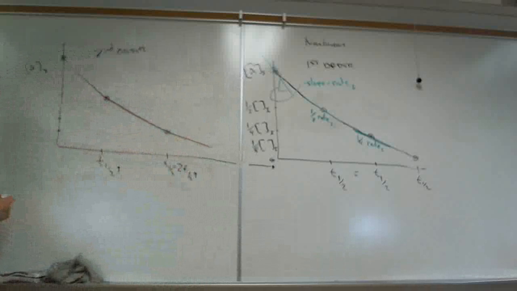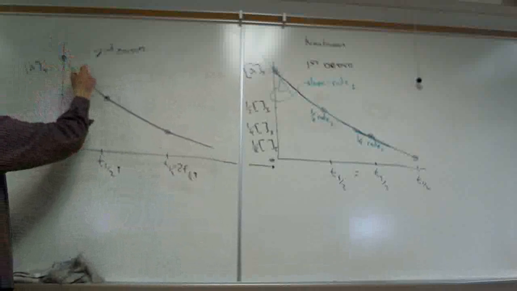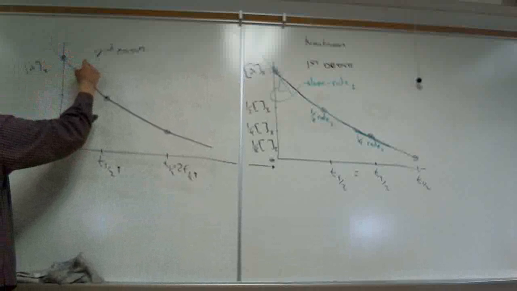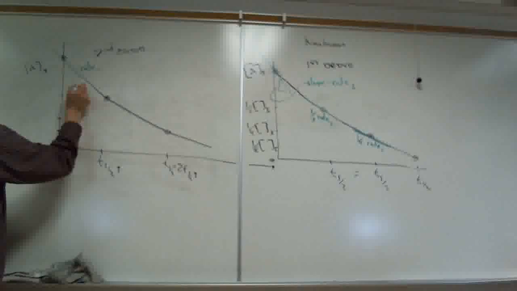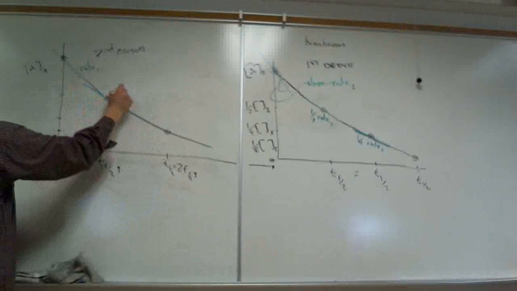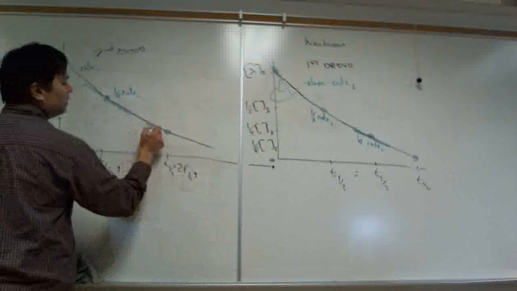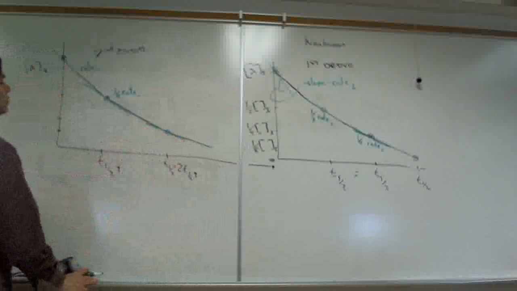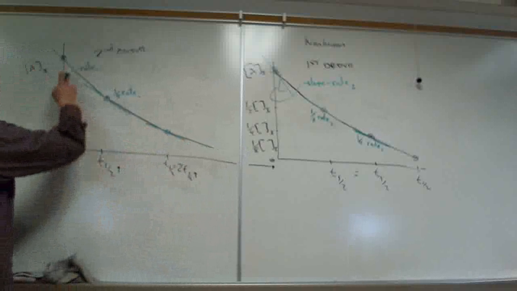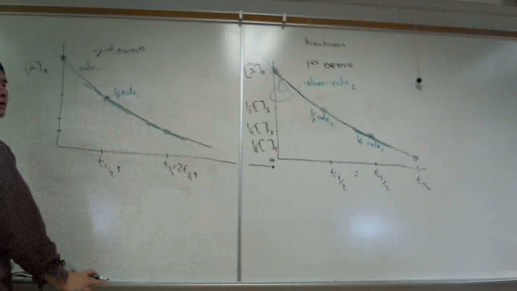And so when we're looking at the slope here, we look at the initial rate, or the initial slope, and so we get rate 1 here. And then the rate here at the first one is actually 1/4 of rate 1. And at this one here, let's see, 1/4, this would be 1/16.